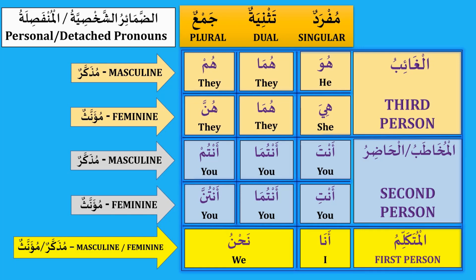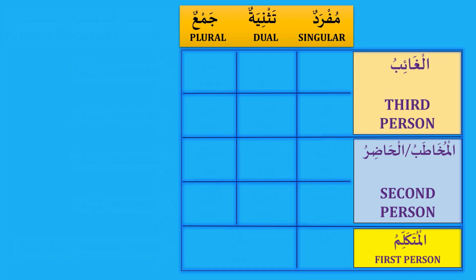Now let's go to the verbs. Again, we'll use the same table: third person, second person, first person, and singular, dual, and plural columns. Fa'ala, he did. Fa'ala, they did. Two people, dual.